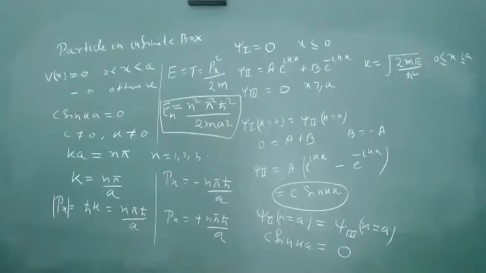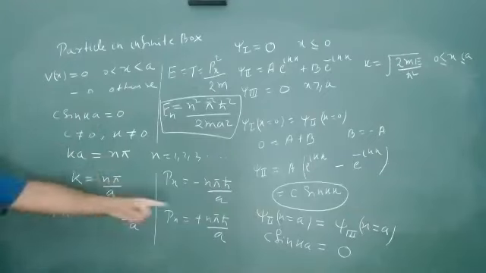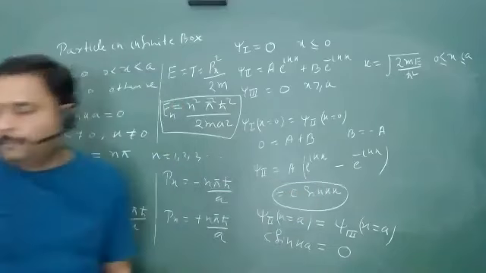Sir, why can't we choose n as 0? Because if you choose n equal to 0, then this k will be equal to 0, so sine 0 is 0, and the whole thing goes to 0.